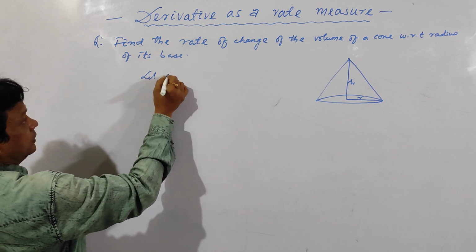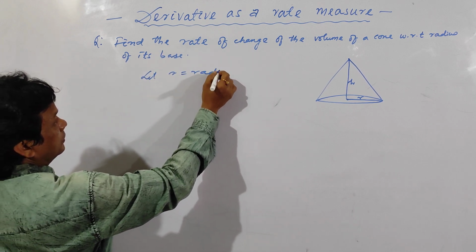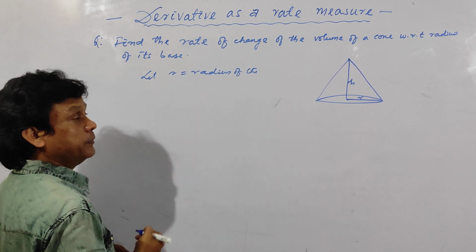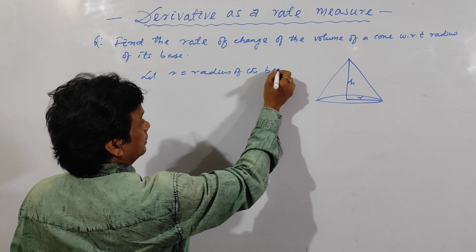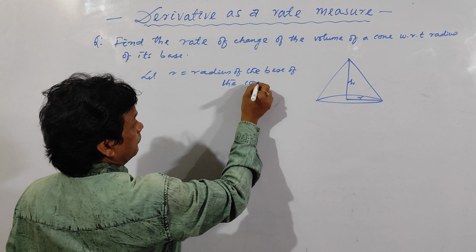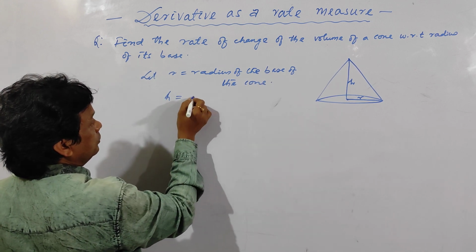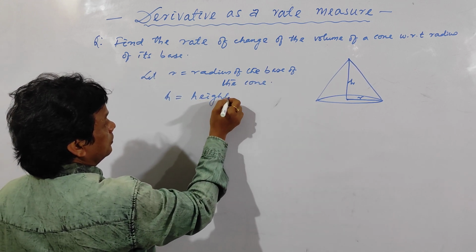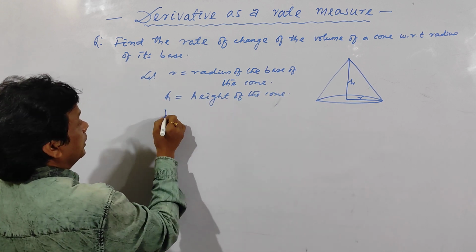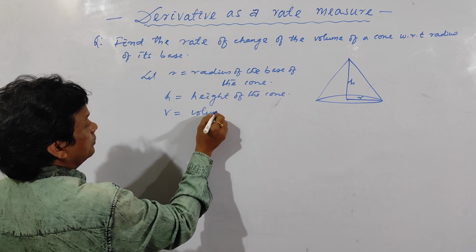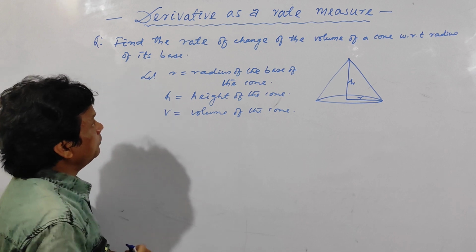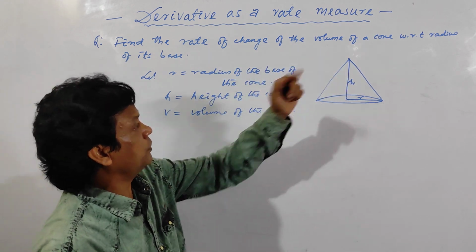Now let R is equal to the radius of the base of the cone, and H is equal to the height of the cone, and V is equal to the volume of the cone. And you have to find the rate of change of volume with respect to radius.